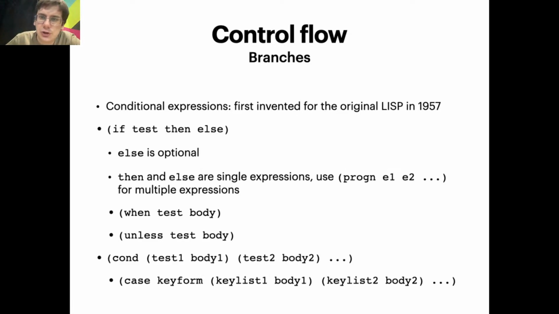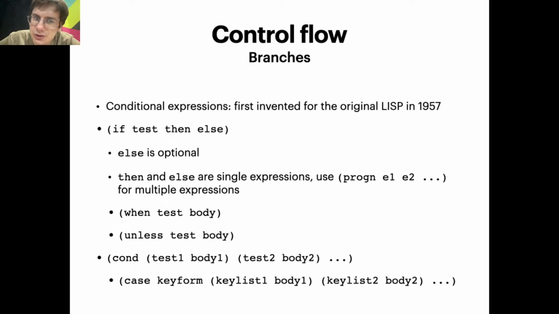So yeah, we have conditional expressions. In this if form, the first argument is the test. It's a predicate. So if it returns t, then it evaluates the then argument and returns its value.